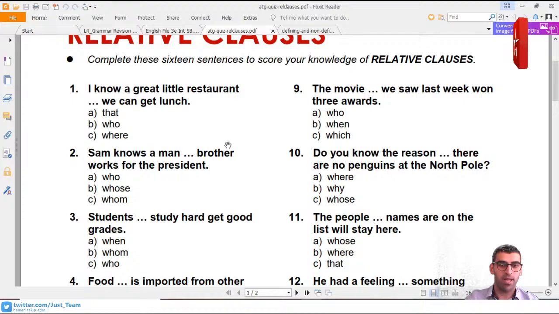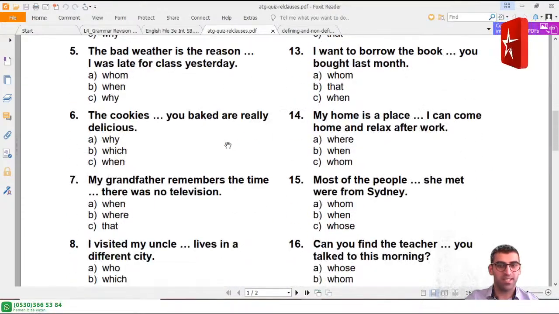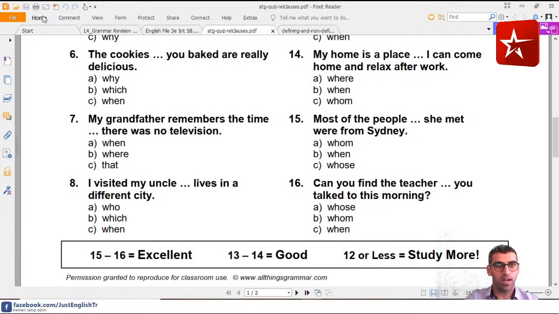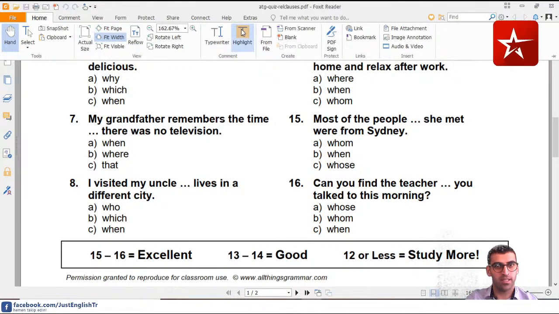How do you know them? And we have 16 questions here. Yes, I will force you. I will not force, I will challenge you. If you answered up to 12 or fewer than 12 questions correctly, you should study more. Like here you can see. Let me highlight it for you guys in order to show you.